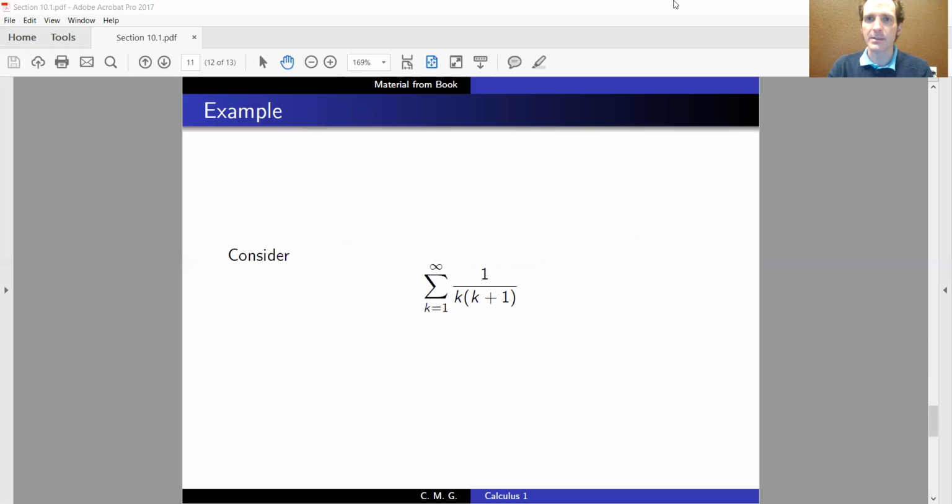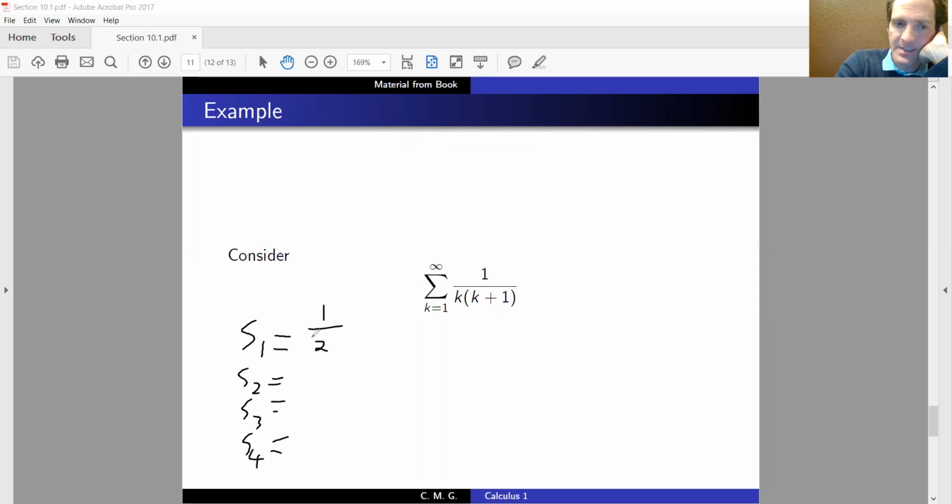So let's just look at an example here. I'm looking at 1 over k times k plus 1. Okay. So what am I going to do here? I'm going to look at partial sums. So I have S_1, S_2, S_3, let's go to S_4. So 1 term in this sequence, where I plug 1 in for k, gives me 1/2. 2 terms in this sequence is 1/2 plus 1/6, and 1/2 plus 1/6 is 4/6, which is 2/3.